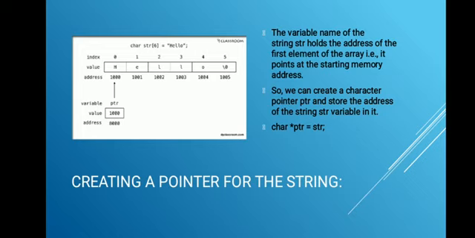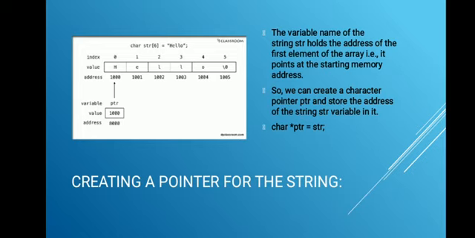If we declare some variable name a equal to hello, the a holds the address of H, the first element of the array, whereas the value of a is 1000. It points at the starting memory of the address.